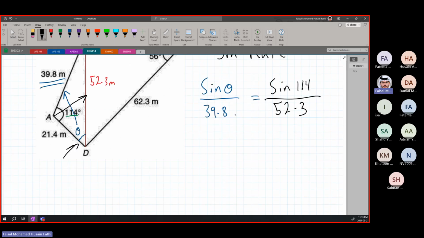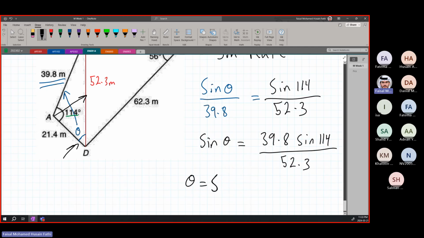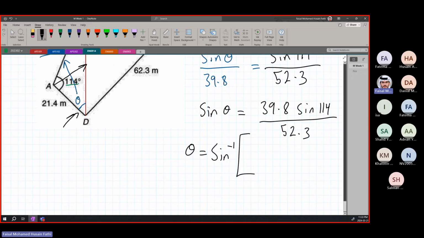We do some algebra to simplify this. We just take the 39.8 to the other side. So it's going to be 39.8 times sine 114 over 52.3. Theta is going to be the sine inverse of this equation over here. Okay, we're just going to do that real quick in one step now.